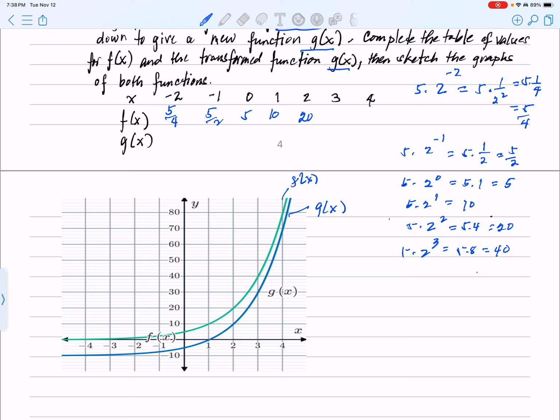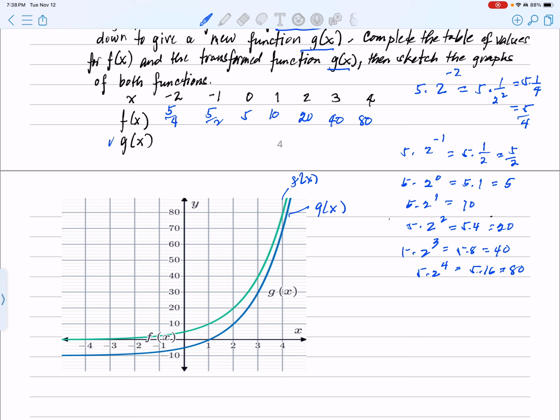Then you have 5 times 2 to the power of 4. That is 16, 2 times 2 is 4, times 2 is 8, times 2 is 16, and 5 times 16 is 80.